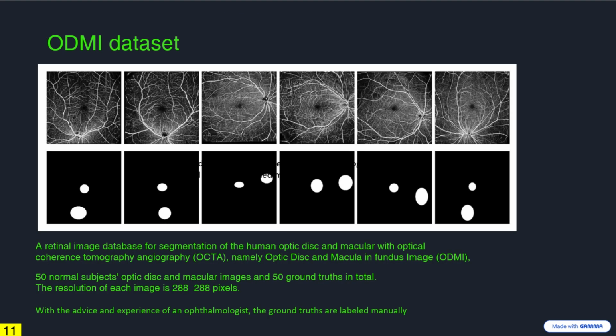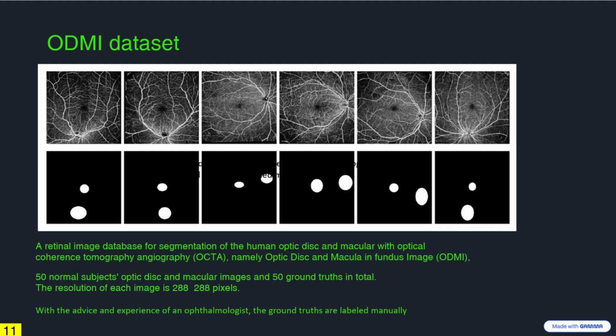Okay, next I will talk about the ODMI dataset. As already mentioned before, this ODMI dataset consists of a retinal image database for the segmentation of the human optic disc and the macula with OCTA. We have 50 normal subjects with optic disc and macula images, and also 50 ground truths in total.